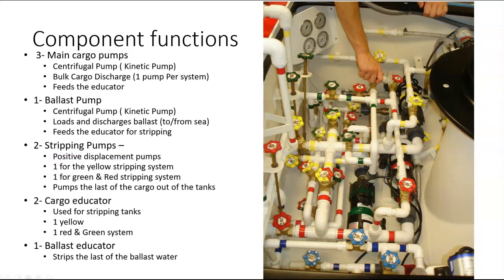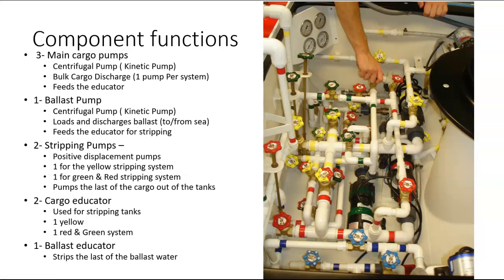So I have one independent for the yellow system, but I should have three, shouldn't I? I have three cargo systems. I have three stripping systems. Why do I only have two stripping pumps? Well, it tells me that one of the stripping pumps is going to be used for either the green or the red.